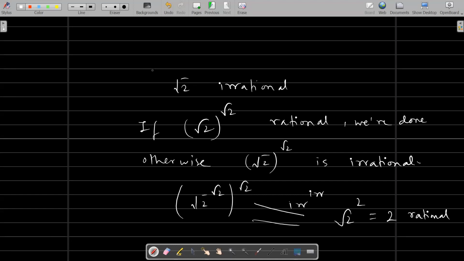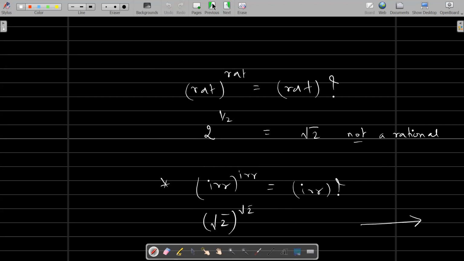Sir, how come if root 2 raised to root 2 is rational, then we are done? So listen to the actual question: is irrational raised to irrational always irrational? The answer is in fact no. You're saying if root 2 raised to root 2 is rational, then we're already done because root 2 and root 2 are irrationals and the power is rational.